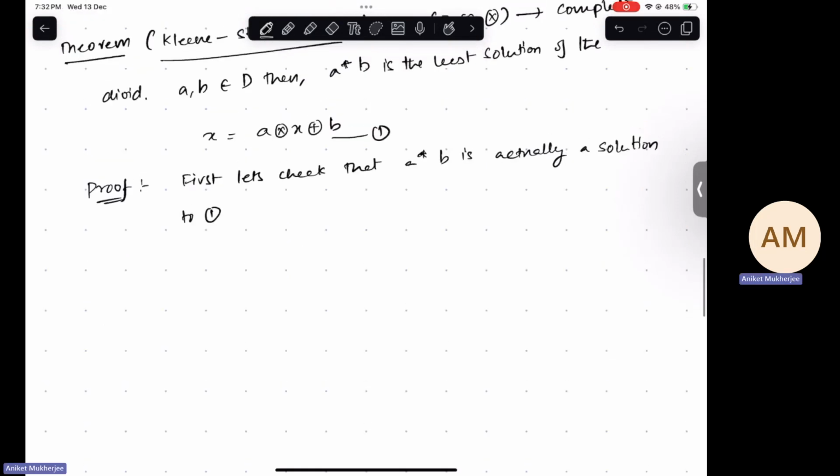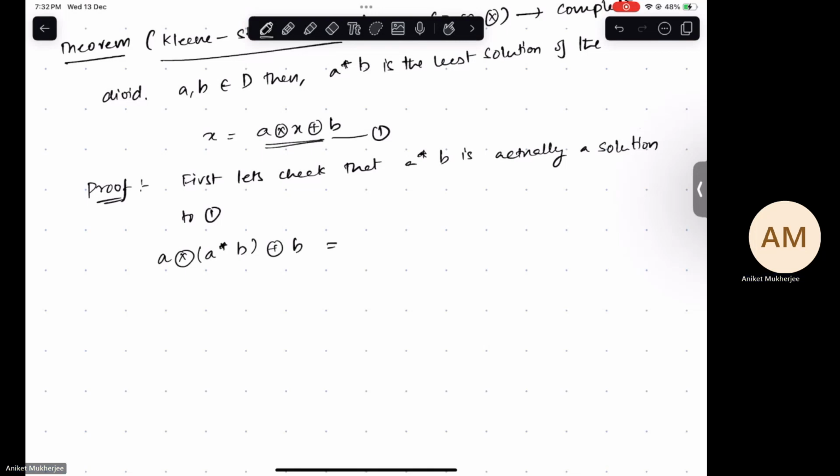So what you do is you substitute A star B in place of X. If it is a solution, then the value of X is A star B. So you substitute A star B in the right hand side. You get A into A star B plus B, right?